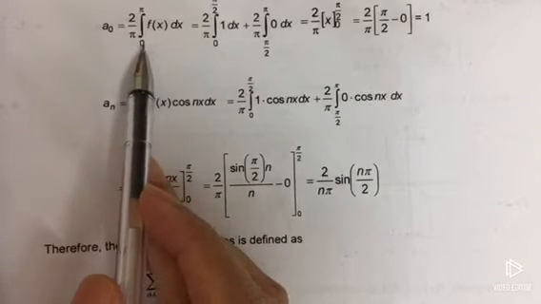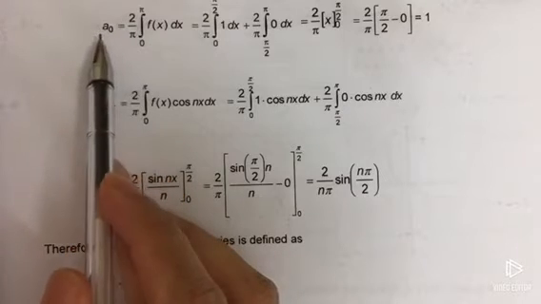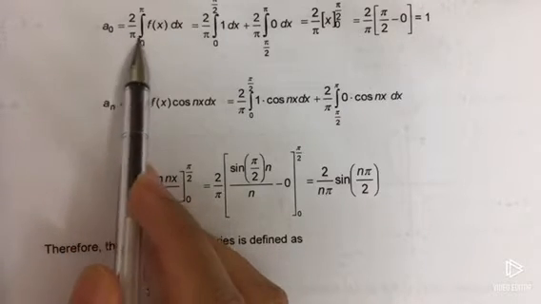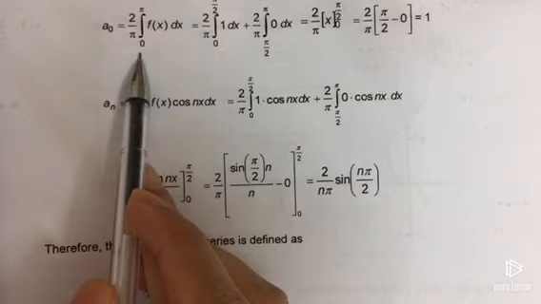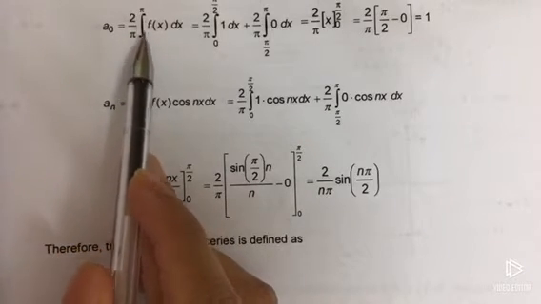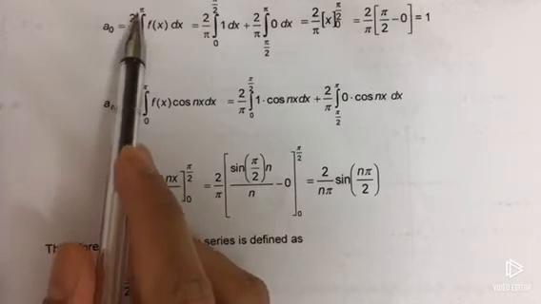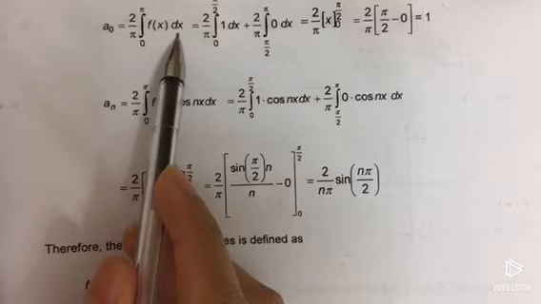From the interval 0 to pi, because it is an even function, we use the formula that we discussed before, 2 over pi, integral from 0 to pi, f(x) dx.